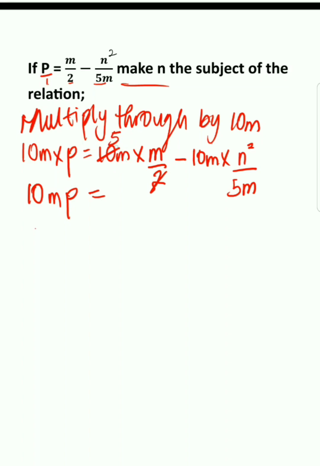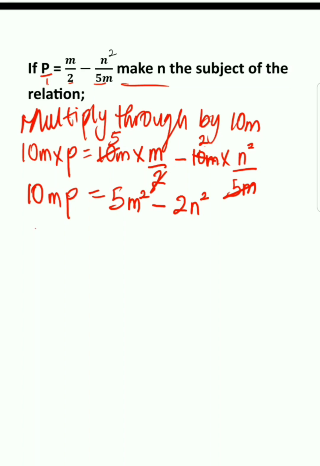So we have 5m times m, that is 5m squared, minus 5m into 10m, that is 2. We have minus 2 times n squared, minus 2n squared.